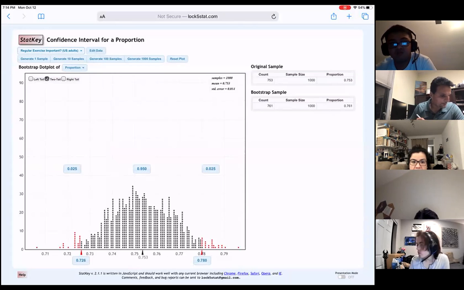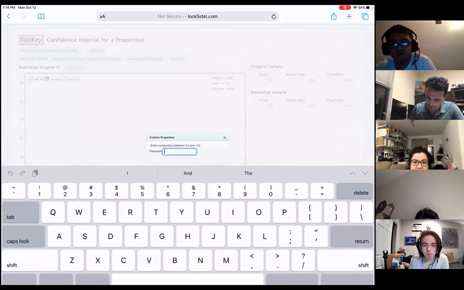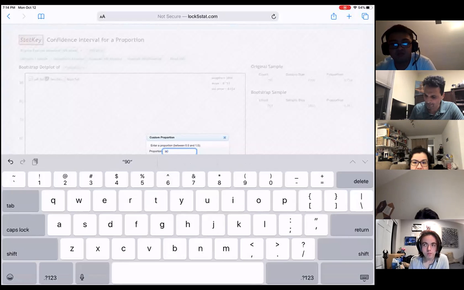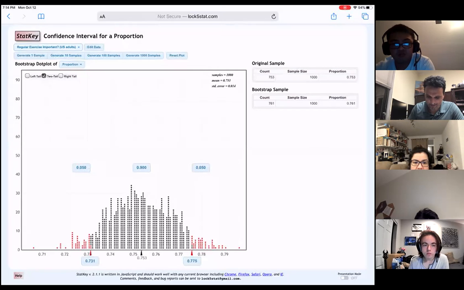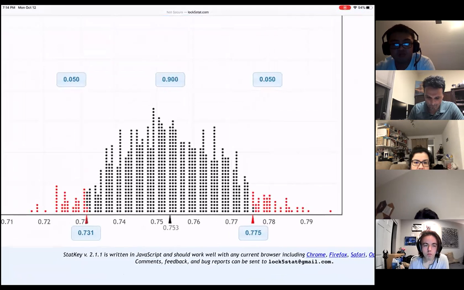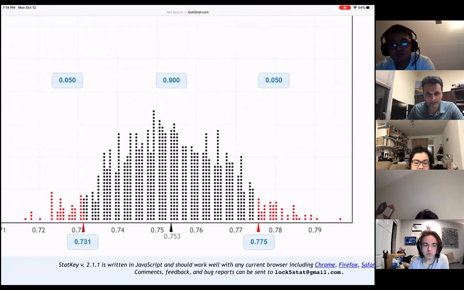And they said 90%, so I'm going to change this one to 0.90. And this gives me an interval from 0.731 to 0.775, which is what I have here. Very good.